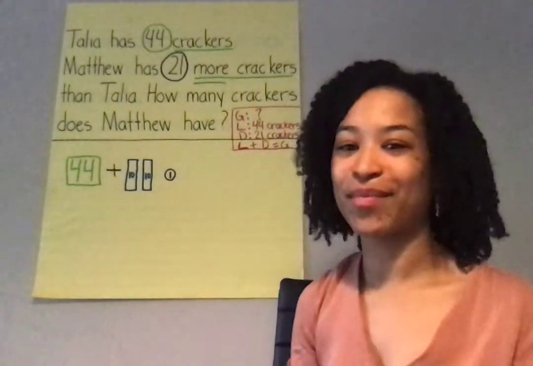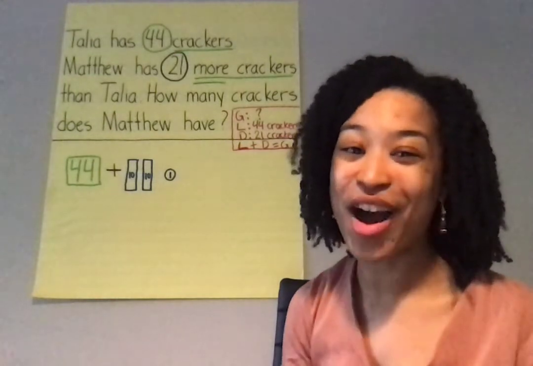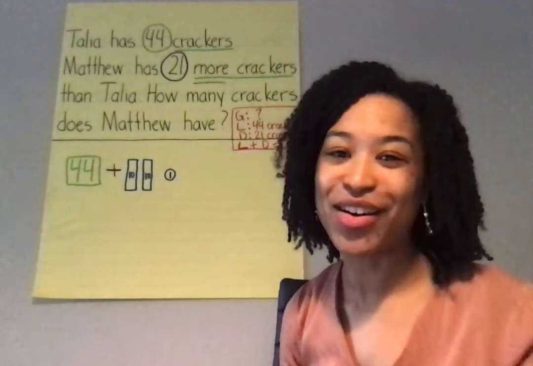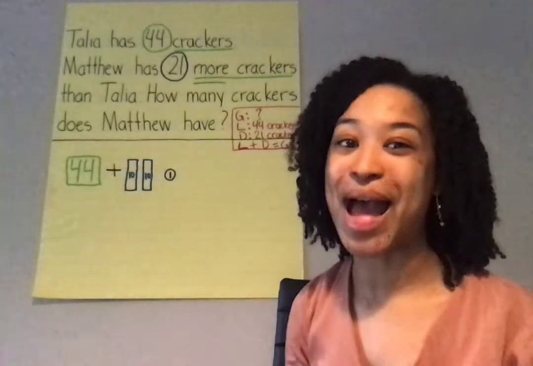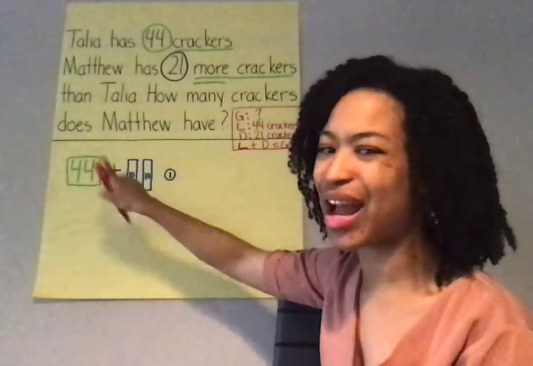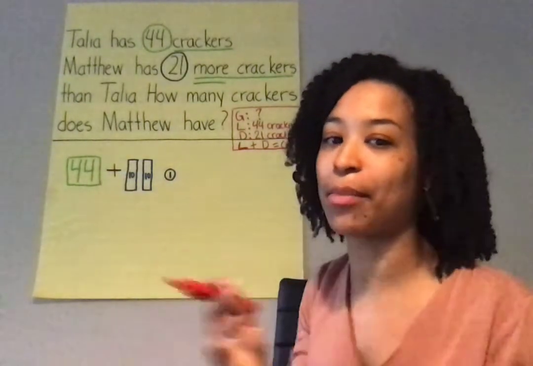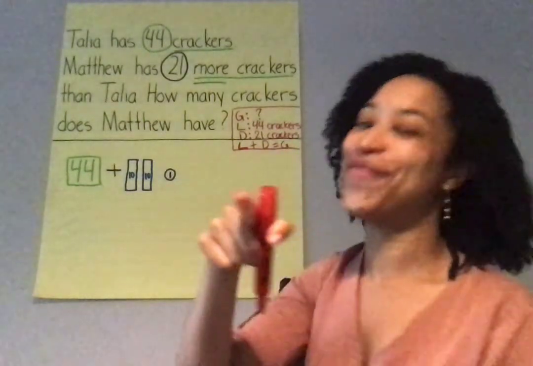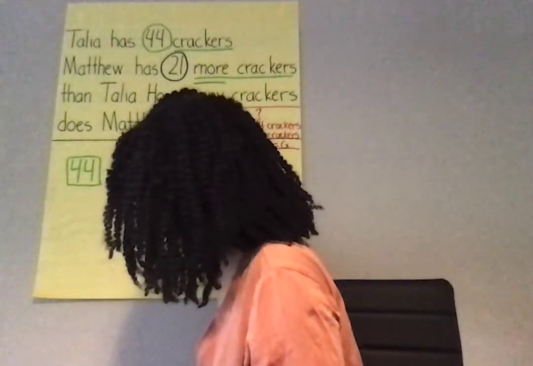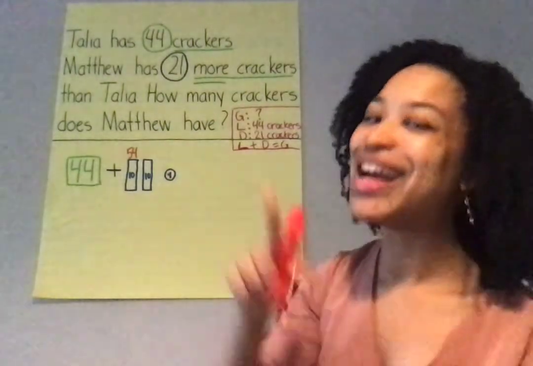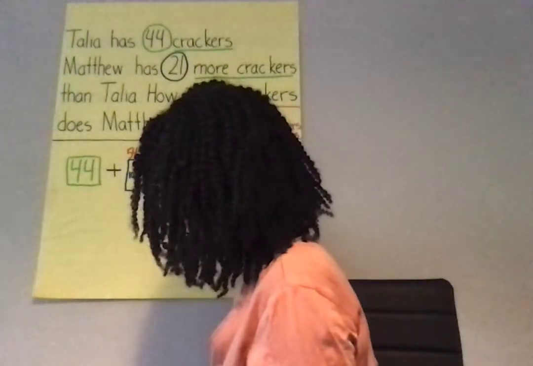Now we need to count on to find our final answer. We're trying to find out the amount for Matthew. 44. Now we're counting by tens. We're counting on by 10, so my number's getting larger. 44, 54, 64.